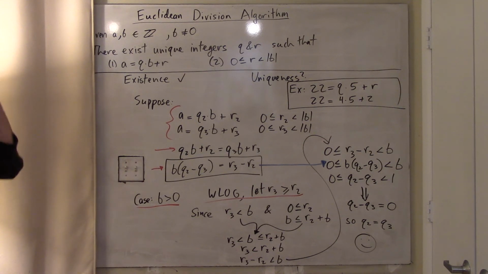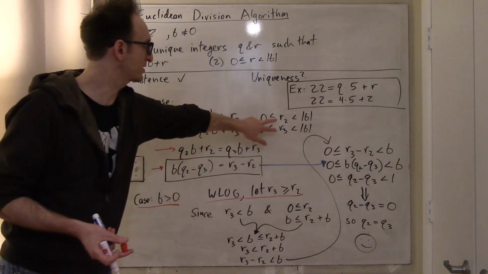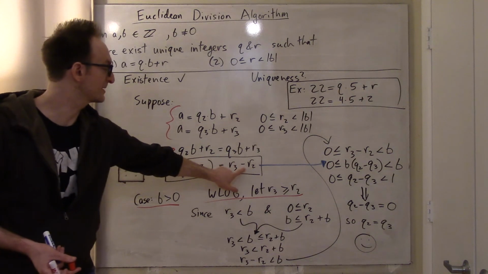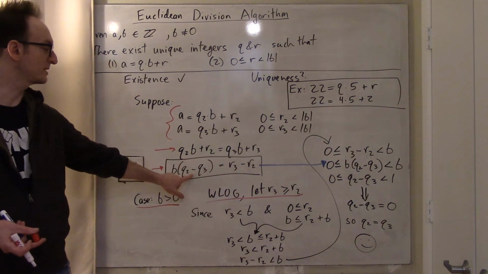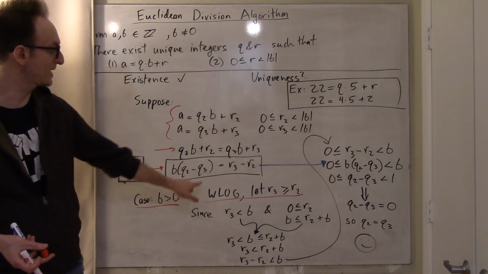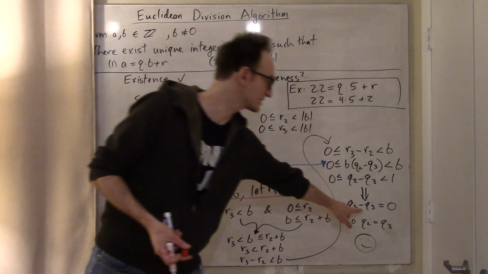We showed that if the two remainders are each less than B, then their difference must be less than B. And if their difference is less than B, then this left-hand side is less than B. And the only way for that to be true is if the difference in the quotients is 0.